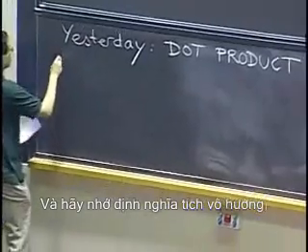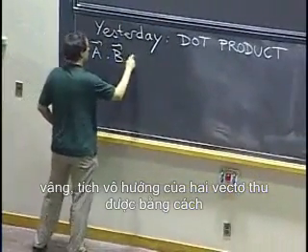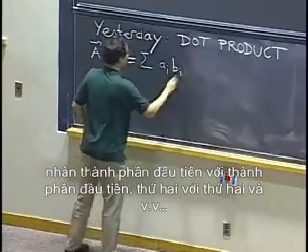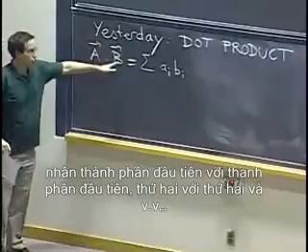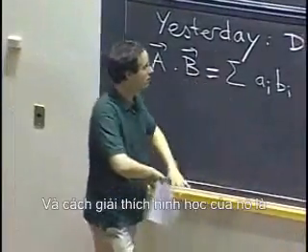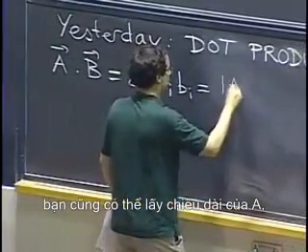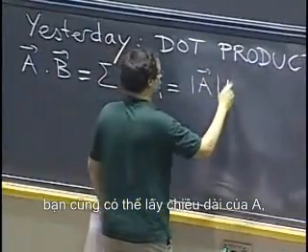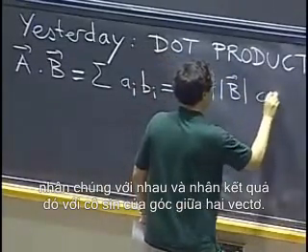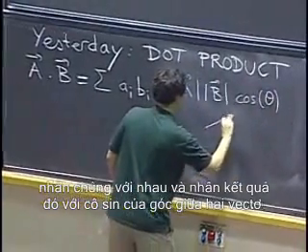The dot product of two vectors is obtained by multiplying the first component with the first component, the second with the second, and so on, and summing these, and you get a scalar. The geometric interpretation is that you can also take the length of A, take the length of B, multiply them, and multiply that by the cosine of the angle between the two vectors.